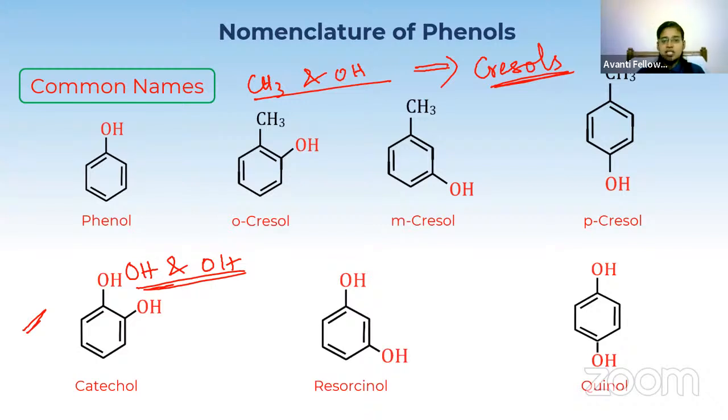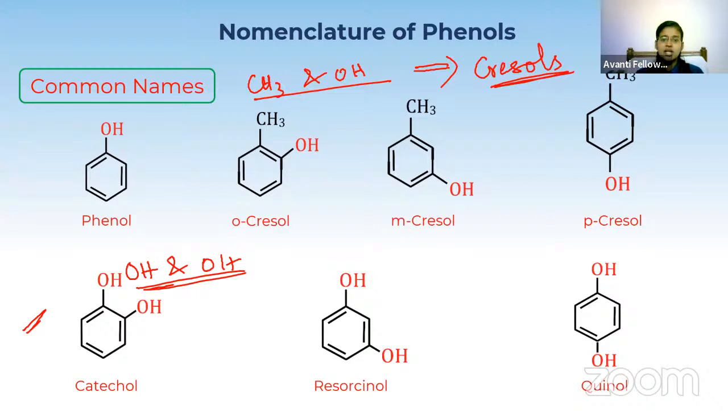So the same is coming here in the common name also. Catechol, resorcinol, quinol. We don't have any family names for this OH-OH combination. Each one is having a different name only. But for CH3 and the OH combination, we have a family name called cresols. Clear for all of you?